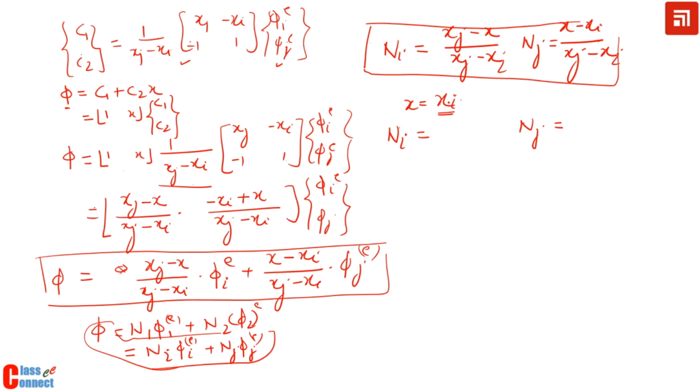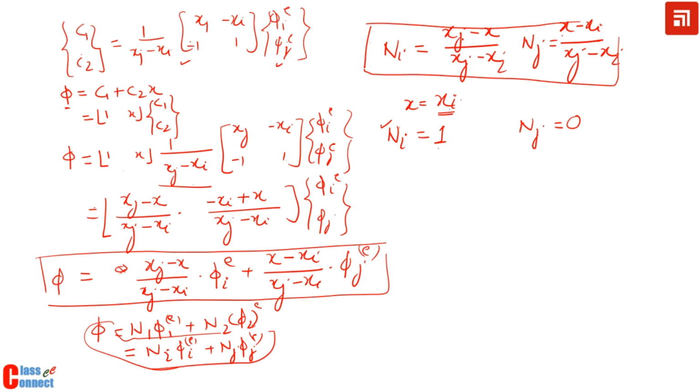We get xi here, so xj minus xi over xj minus xi, you will get 1, and when this is xi minus xi, it is 0. So when we are talking about node number 1, the ith node, the shape function at the ith node is 1, and the shape function for the jth node is 0.